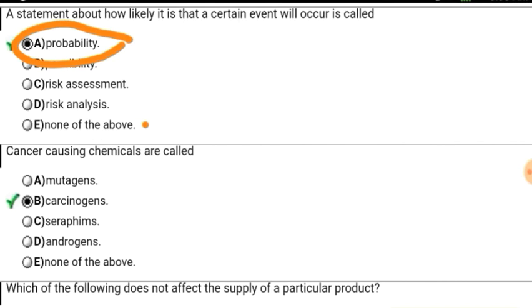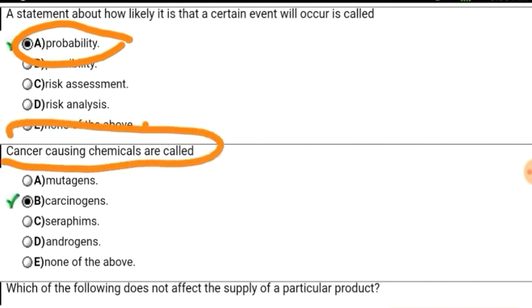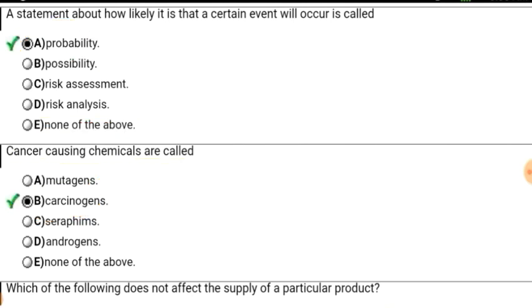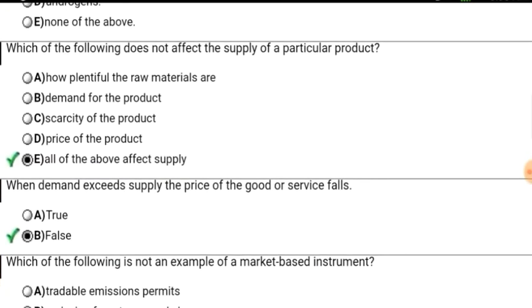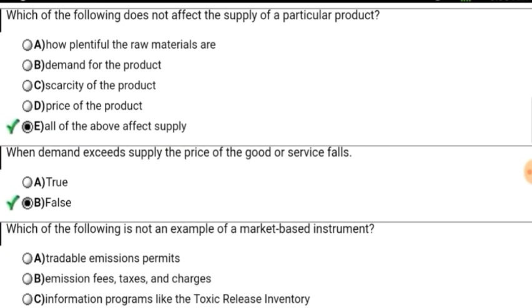Next, cancer causing chemicals are called what? Mutagens, carcinogens, seraphims, androgens, none of the above. So the right answer is carcinogen. Carcinogen causes cancer.